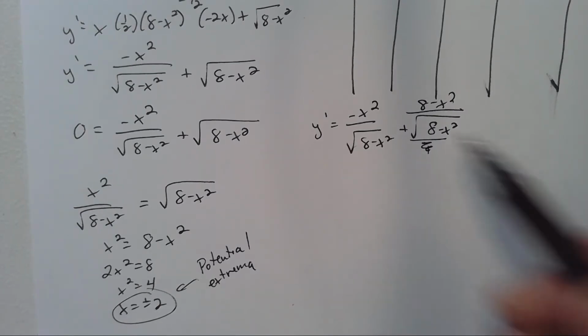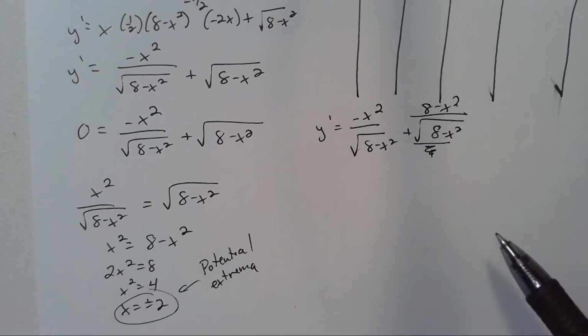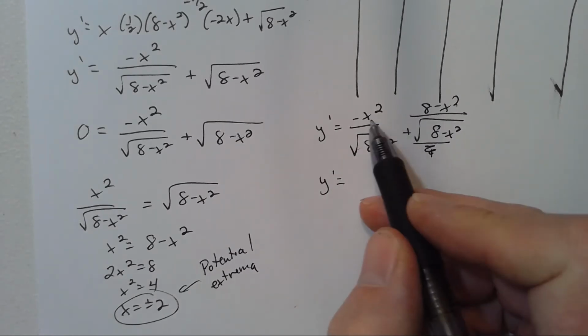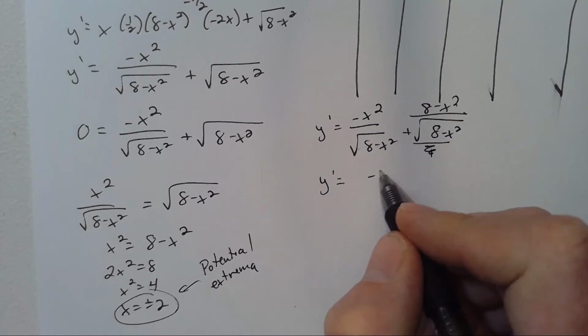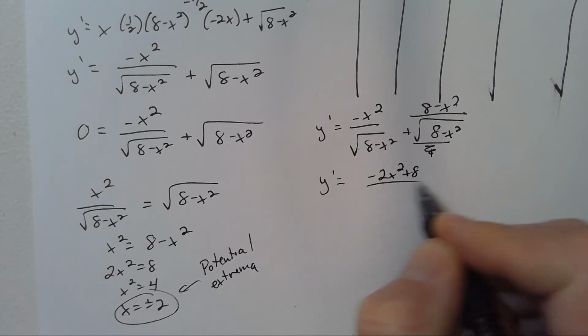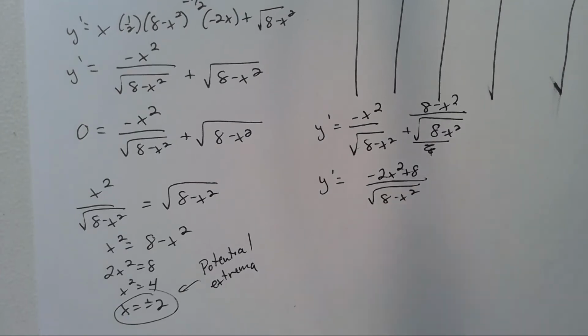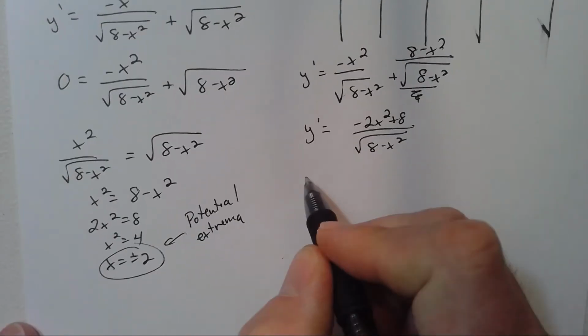So now they have a common denominator. That's a little trick. So then we can combine. So negative x squared minus x squared, so that's negative 2x squared plus 8 over square root of 8 minus x squared. We're now ready to find the second derivative, which will be the quotient rule.